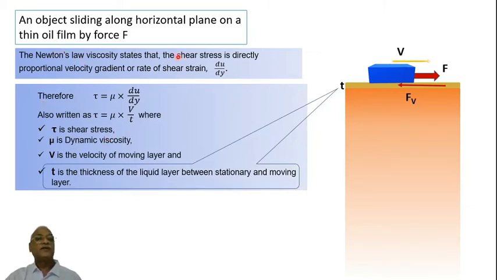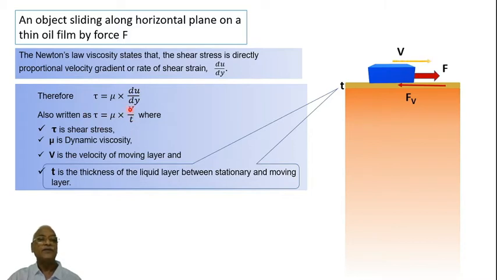Now when it is directly proportional to du by dy, the shear stress is equal to mu, the constant of proportionality, into du by dy, and this is also written as tau is equal to mu multiplied by v by t.